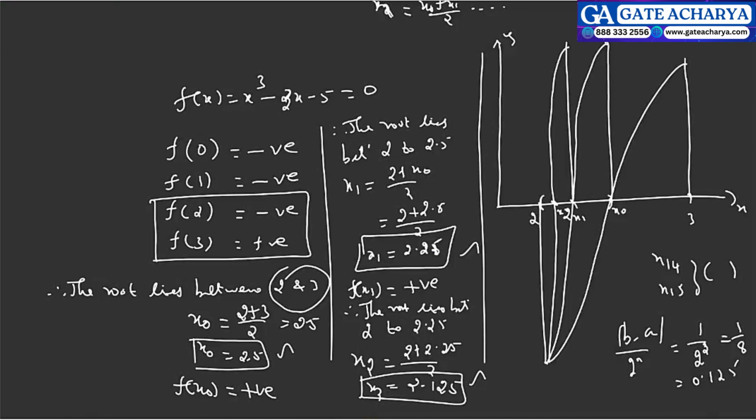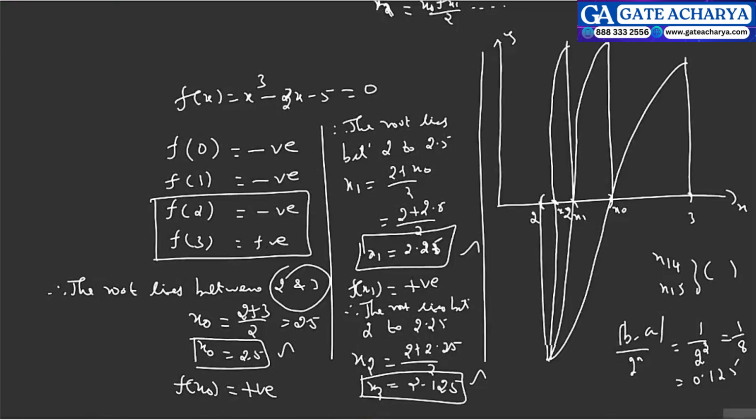A non-zero polynomial f of x of degree 3 has roots at x equal to 1, x equal to 2, and x equal to 3. Which of the following must be true?